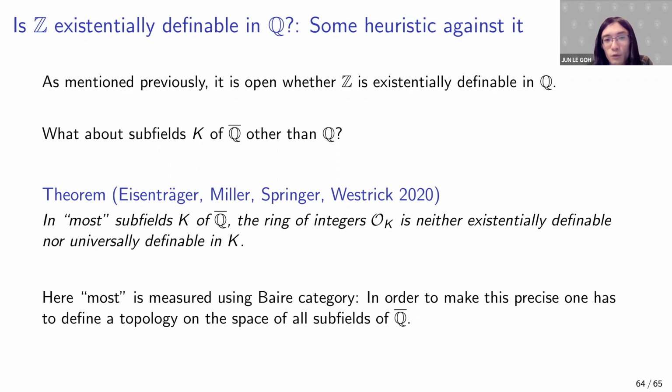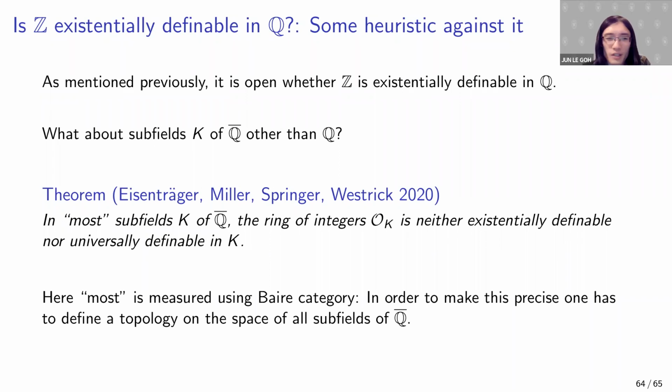What you do essentially is you look at the space of all subfields of Q bar and make it into a topological space by defining some topology on it. Then you can talk about what it means to be a meager set with respect to this topology, and what it means to be a co-meager set.